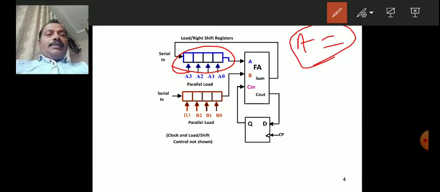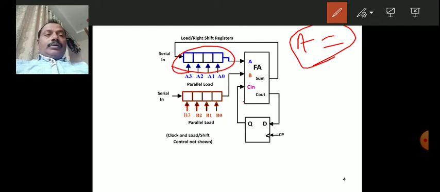Serial in and parallel load, both are available, and it is a shift register. Clock and load or shift are the control signals available to the shift registers.